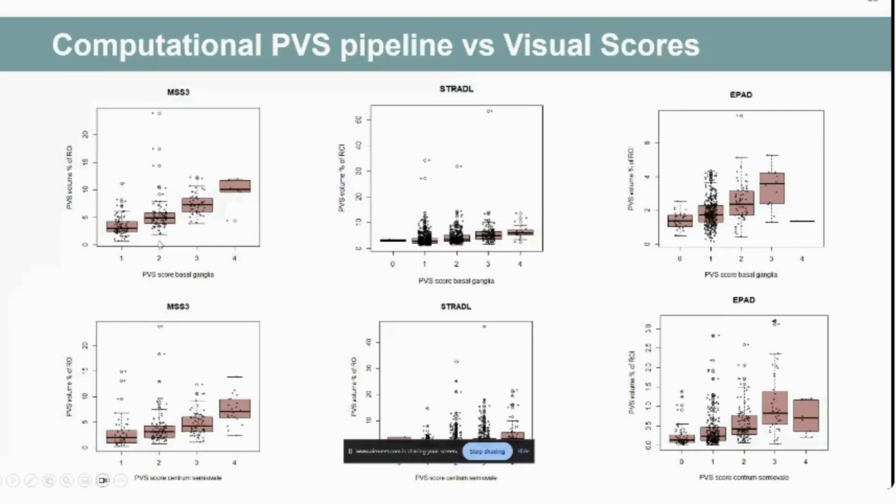And we can see that there is a straightforward, linear correlation between basal ganglia visual score and the basal ganglia total volume obtained by the computational PVS pipeline. So this tells us that we are actually going in the right direction, because doctors already evaluate this looking at disease, and the associations are already established. So having this correlation tells us that we're going in the right direction.